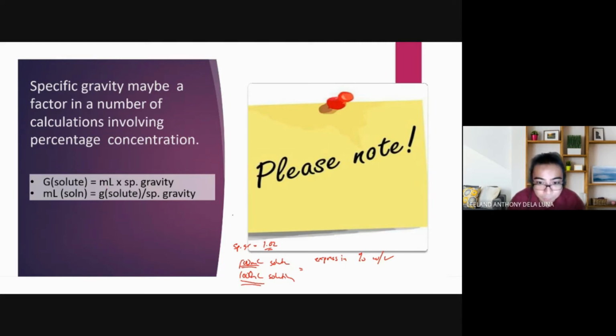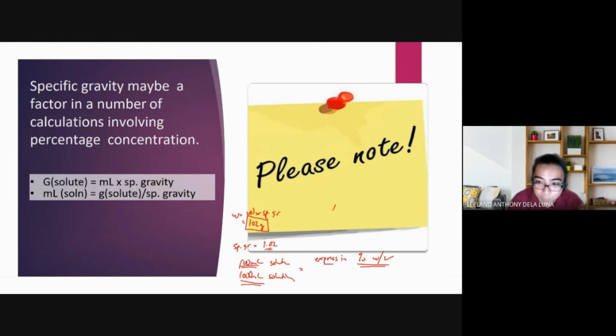So, weight is equivalent to volume times specific gravity. Kasi alam naman natin na density na rin naman yan eh. So 1.02 times 100, you get 102 grams. In grams na yan, ha? 102 grams.